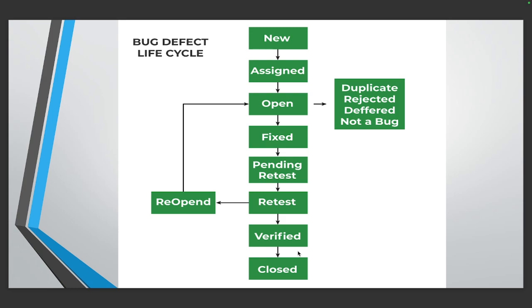Just try to imagine that a tester finds something wrong and reports it. The developer checks and fixes it. The tester makes sure it's really fixed, and finally, the issue is marked as done.